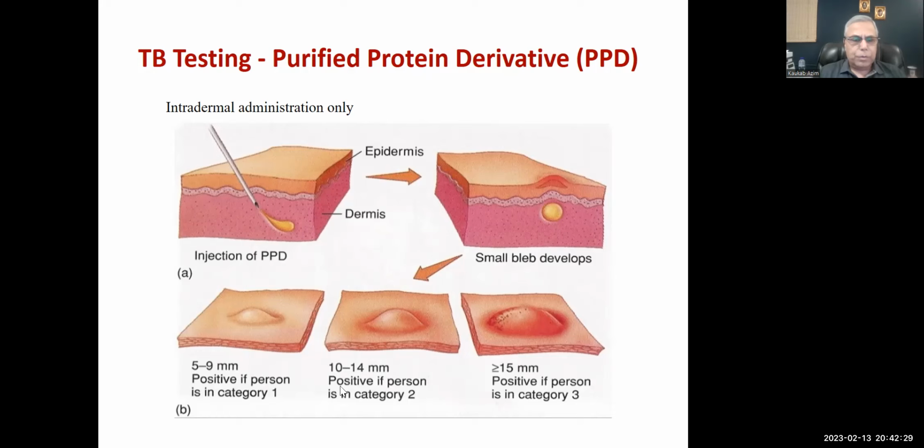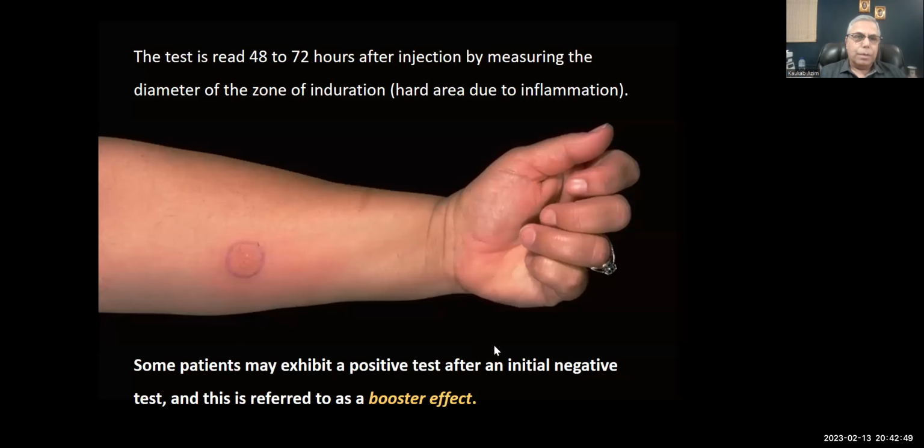And after 48 to 72 hours, we get the reaction, you see. Induration means there will be a hard area, and redness means red area, right? So there are two things. Usually we look at the hard area, the induration. So the test is read 48 to 72 hours after injection by measuring the diameter of the zone of induration, hard area, right?